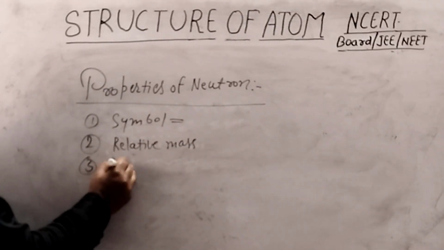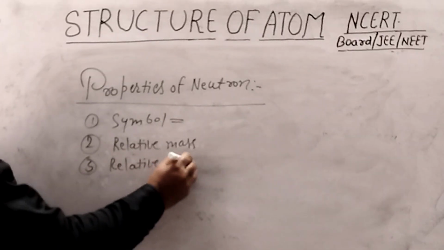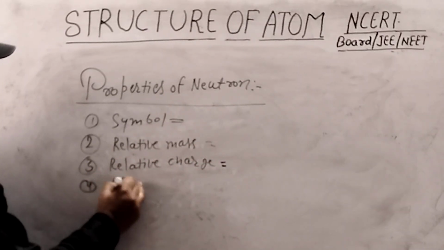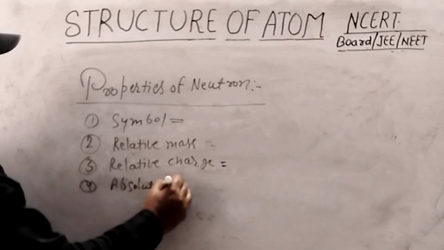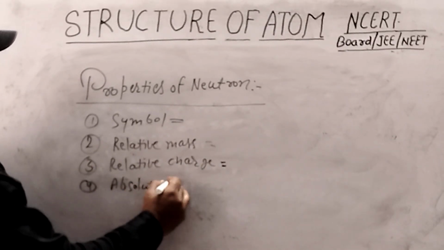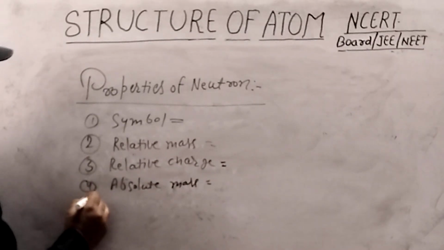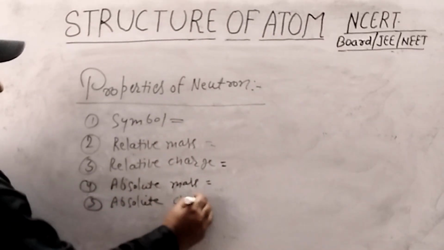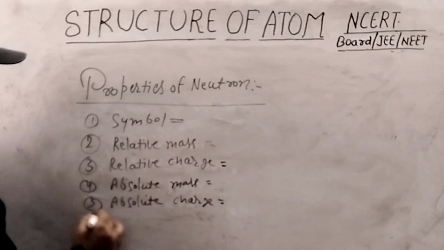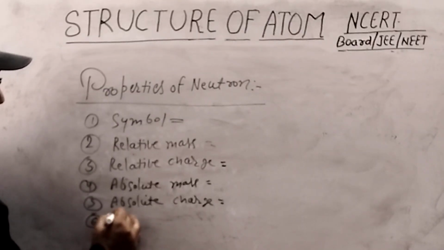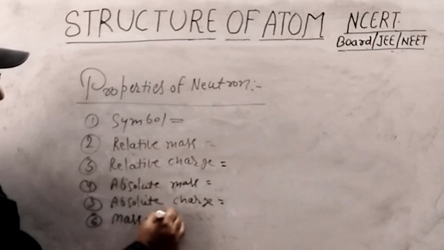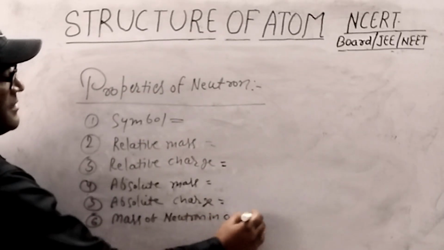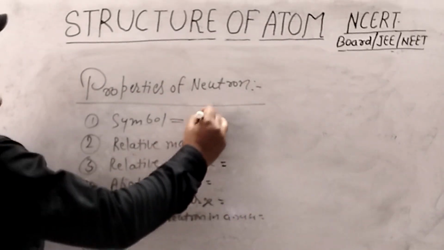Third property, relative charge. Fourth property, absolute mass. Fifth property, absolute charge. Sixth property, mass of neutron in AMU. Now symbol is a small n.